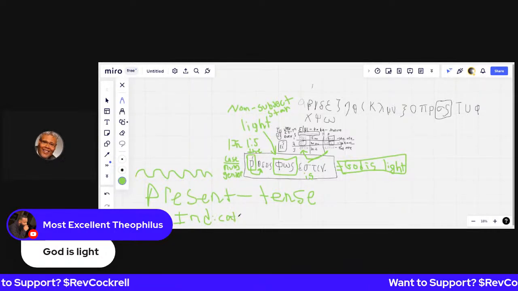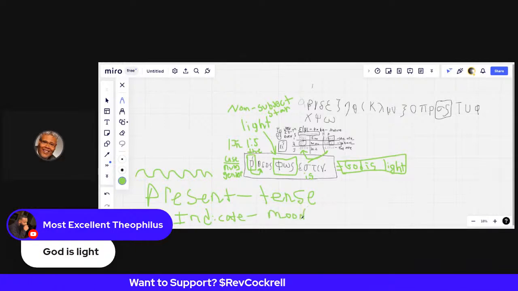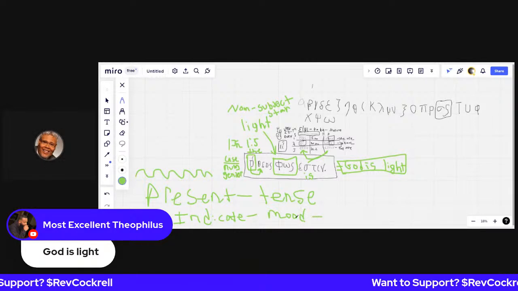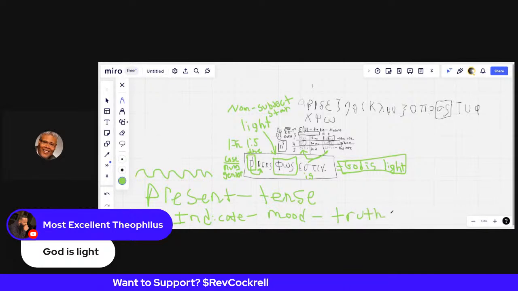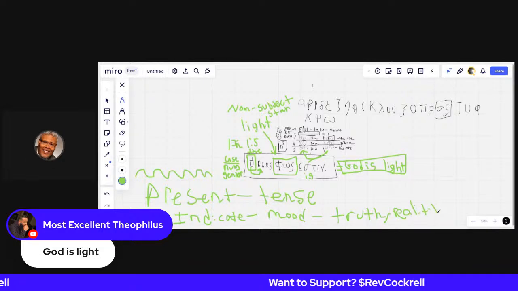I'll let you know when we switch moods. Indicative is the mood. These are only for verbs. Mood lets you know how it relates to reality. The indicative mood is truth. It's real. It's reality.